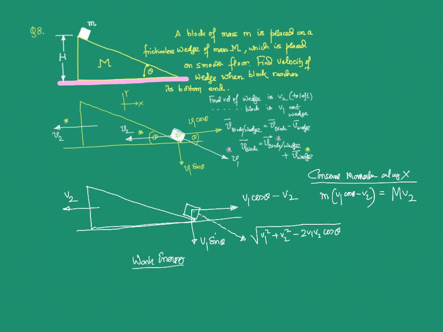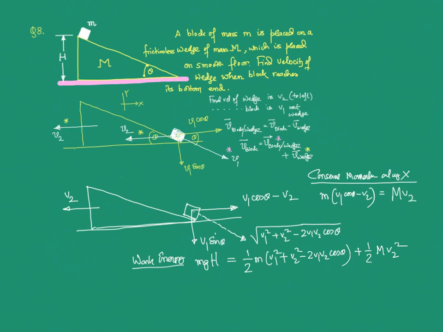The loss in potential energy is the gain in kinetic energy. Loss in potential energy is mgh, and gain in kinetic energy is half m times the square of the resultant velocity, v1 square plus v2 square minus 2 v1 v2 cos theta, plus half capital M times v2 square.